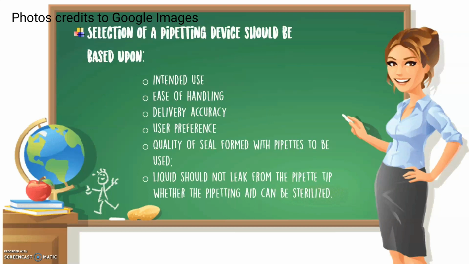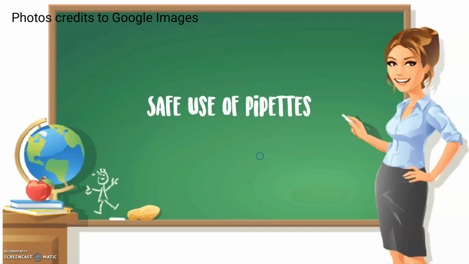Selection of a pipetting device should be based upon intended use, ease of handling, delivery accuracy, user preference, quality of seal formed with pipettes to be used, whether liquid leaks from the pipette tip, and whether the pipetting aid can be sterilized.